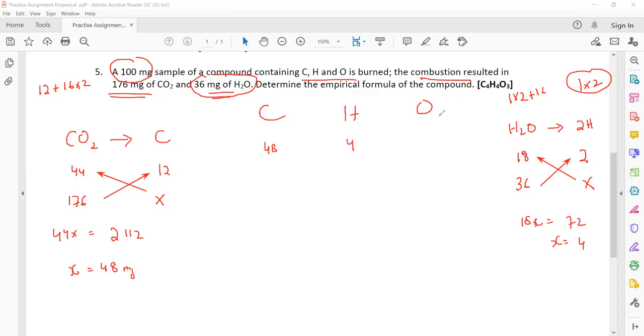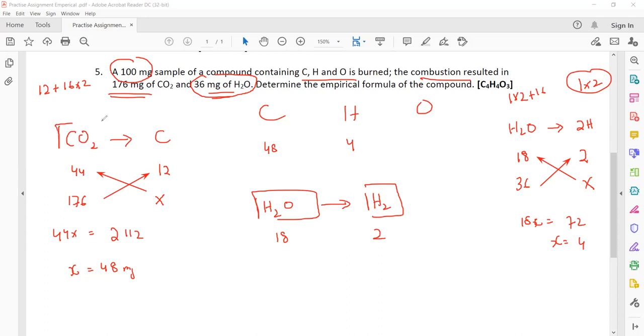From where did I get this? As you can see, from the formula of water, one water molecule contains 2 hydrogen. So the total mass of one water molecule is 18. And what is the mass of hydrogen? The mass of one hydrogen atom is 1. Because there are 2 hydrogen atoms, the mass is 2.